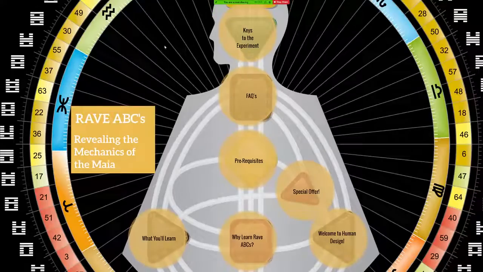Okay, so I'm going to welcome you to Human Design, give you a little intro into who I am and how I work. I'm going to tell you about why you would want to learn Rave ABCs, again, an extension of Living Your Design. And then I'm going to go over the classes of what you're going to learn. I do have some prerequisites that I'll go over briefly.